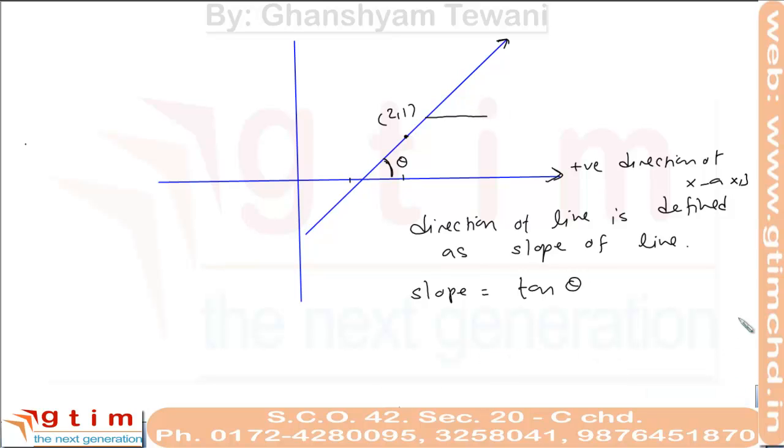Suppose we are constructing a right angle triangle here. This is 90 degrees, this is 90 degrees. Then this angle will be theta. So suppose this is triangle ABC, then slope is equal to AB upon BC, from the definition of tan theta, that is opposite side upon adjacent side.